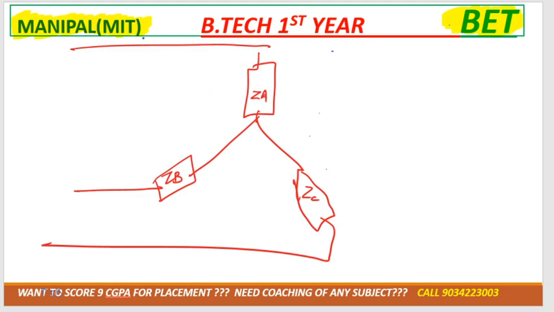Suppose this is R, this is Y, this is B, this would be IR, this would be ZY, this would be ZB. Using ZA, ZB, ZC, write in brackets Z, this is ZR, this is ZY, this is ZB. In their terms this is ZA, this is ZB and this is ZC. Okay, don't get confused.